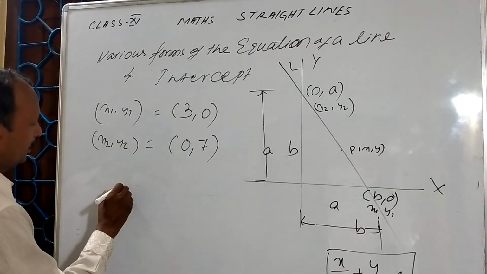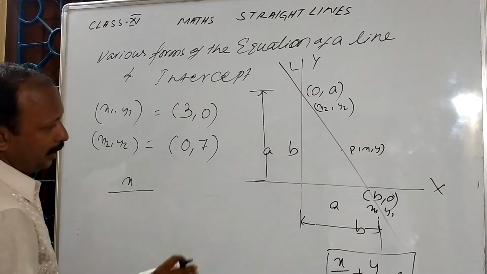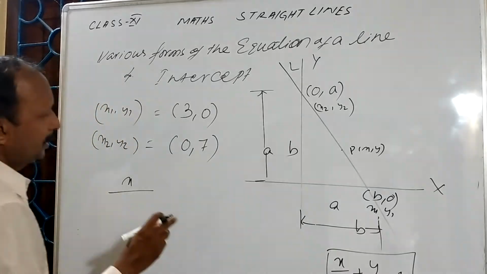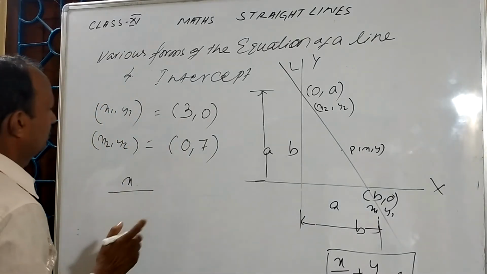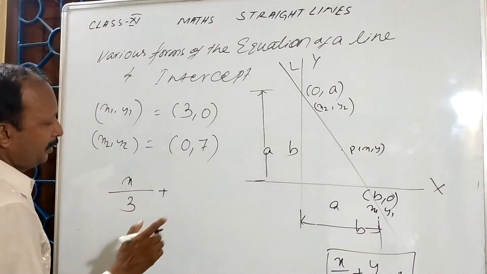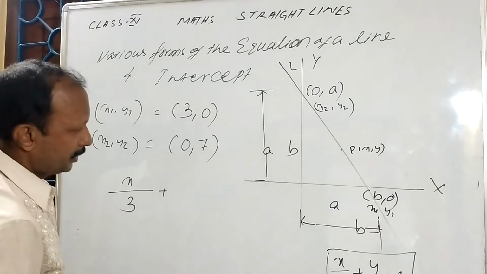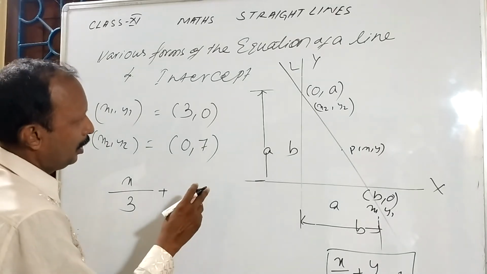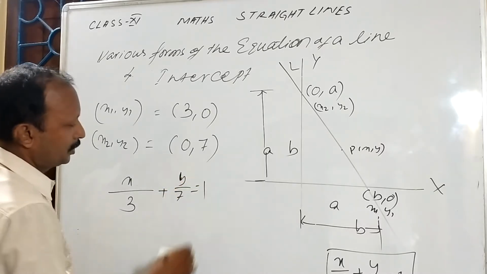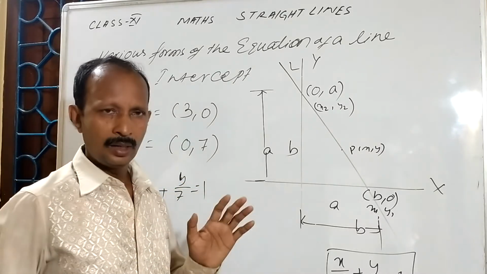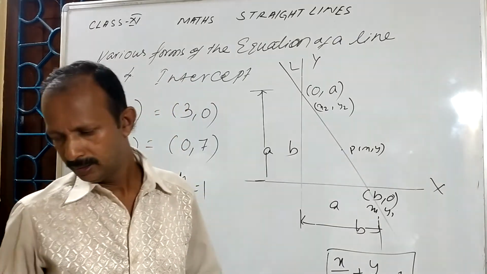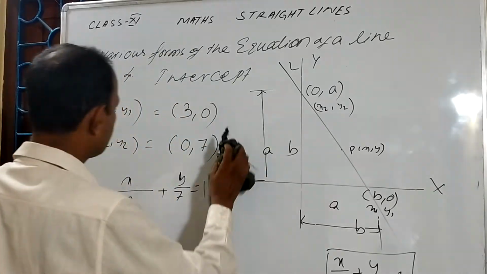In place of a, it is taken 3, plus y by b. So I shall get that b is equal to here 7. x by 3 plus y by 7 is equal to 1. So like this way we can determine the equation of a line if two intercepts are given.